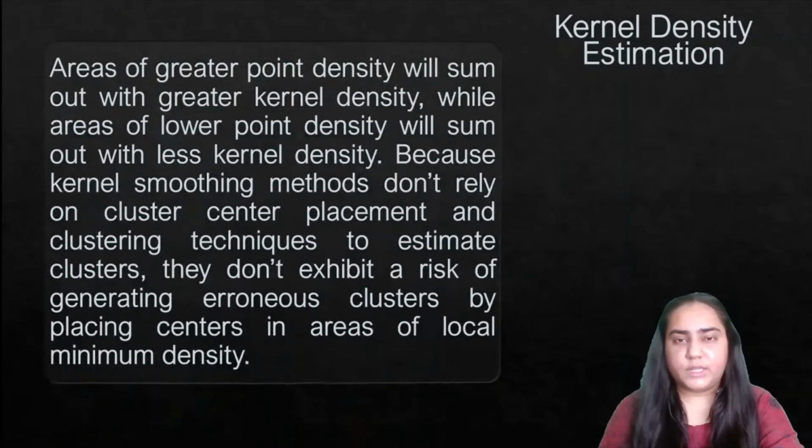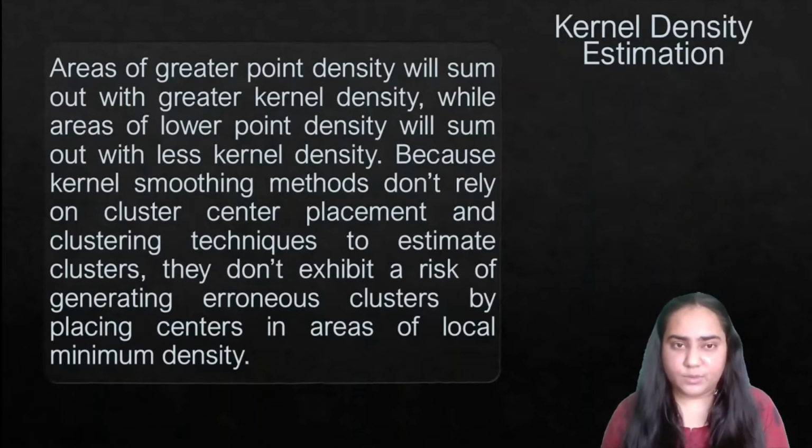Areas of greater point density will sum out with greater kernel density, while areas of lower point density will sum out with less kernel density. So areas where there are more data points will have a higher density of kernels, and areas with fewer data points will have less kernel density.